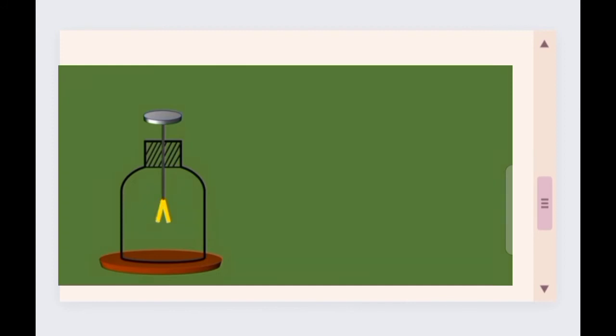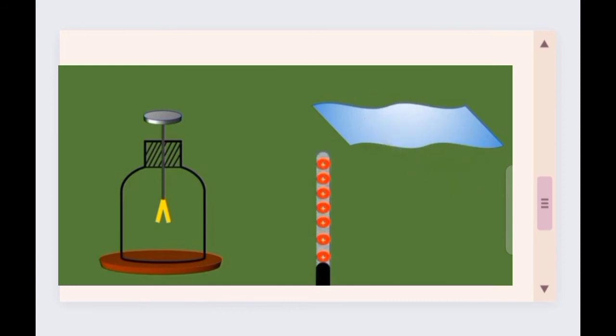Let us understand the reason for the divergence of the gold leaves. When a glass rod is rubbed with silk cloth, the glass rod loses some of its surface electrons to the silk cloth and becomes positively charged. When the glass rod is made to touch the brass cap, the electrons from the gold leaf as well as the brass rod flow into the glass rod.